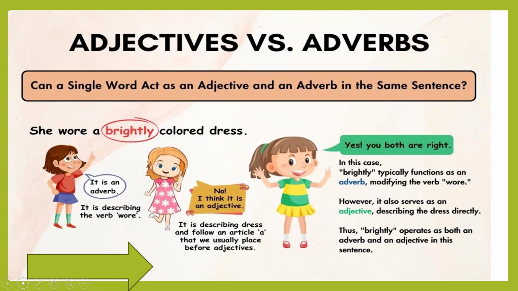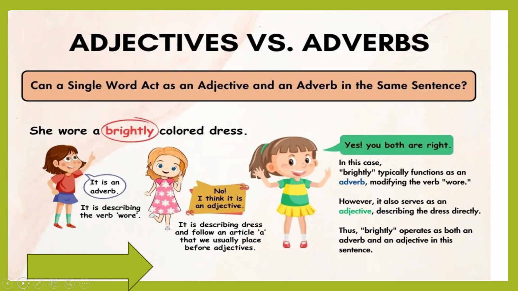Now I think it is an adjective. The other one is saying that it is an adjective because it is describing the dress and follows an article, a, that we usually place before adjectives. So yes, in this case, it is used. You both are right. How? In this case, brightly typically functions as an adverb which is modifying the verb wore, past form of wear.